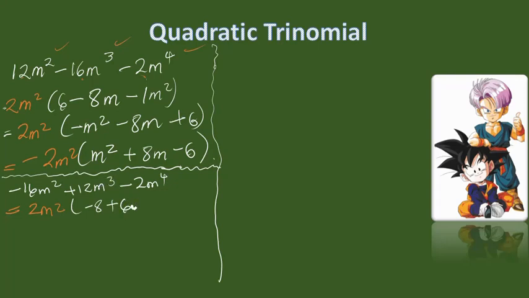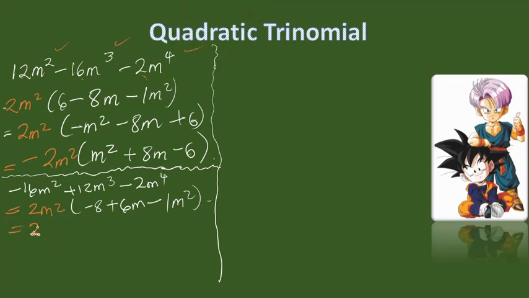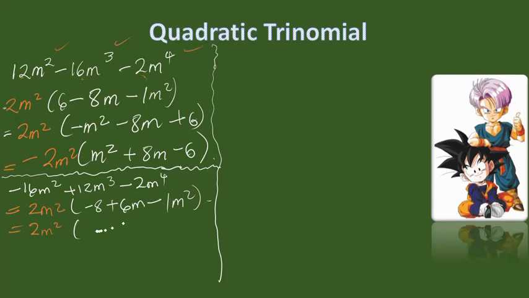M raised to 3, I'll only be left with 1m if I remove 2 m's there. Here's a negative, I put it there. 2 divided by 2 is 1. M raised to 4 divided by m raised to 2 is m raised to 2. I'll arrange this now, which means I'll have 2m squared, and inside the brackets, in order, negative m squared plus 6m minus 8.